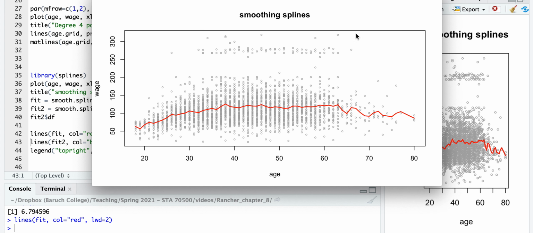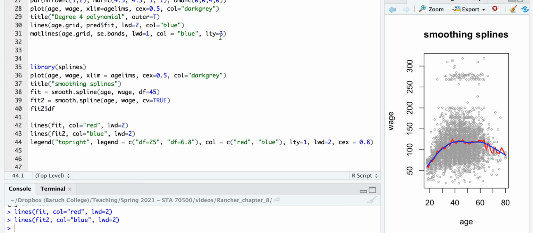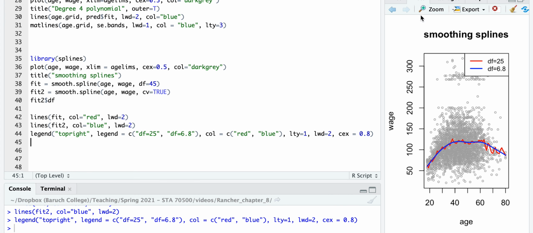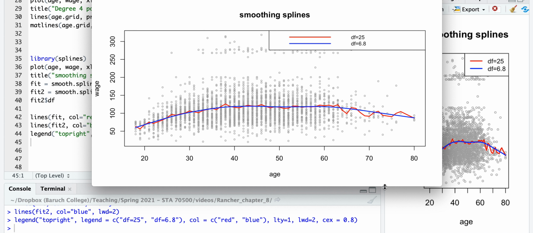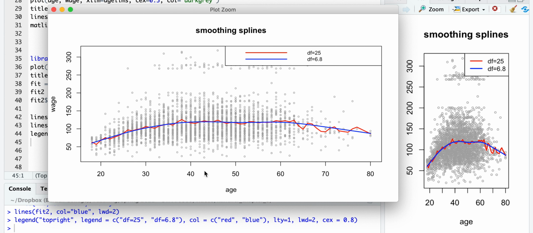You see, when you increase the degrees of freedom, the curve becomes wiggly. The optimal degrees of freedom is 6.8. So this is a proper graph. Horizontal axis, vertical axis, title, legend. We know what each color is supposed to represent, and yeah, that's great.